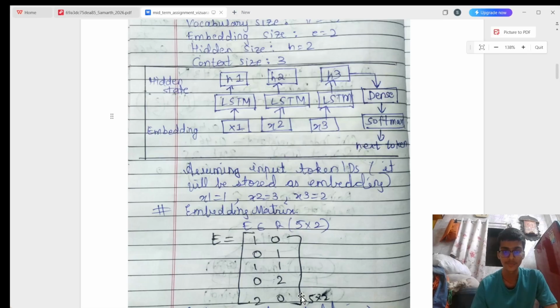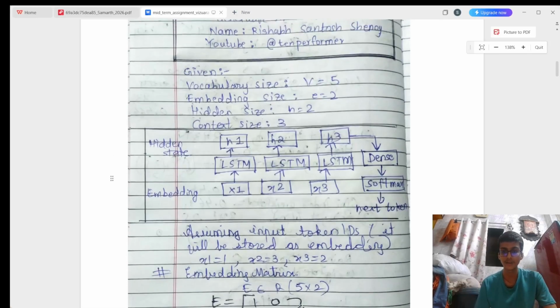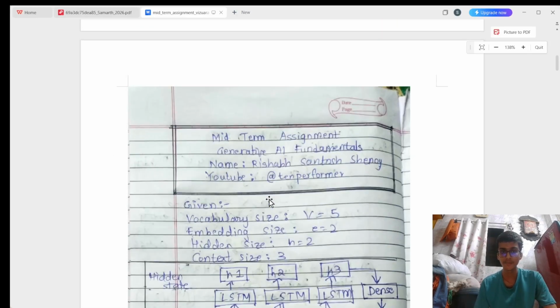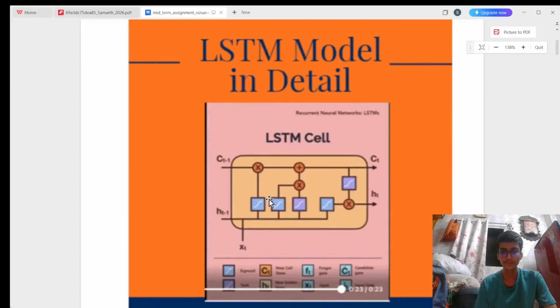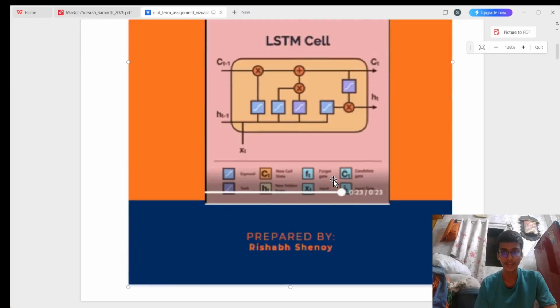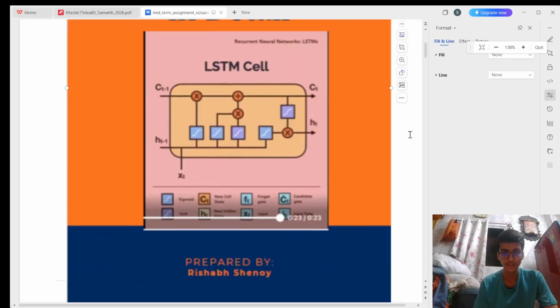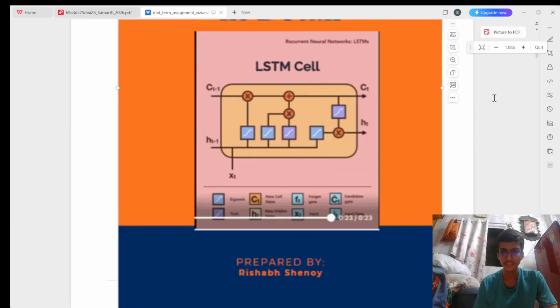So what is LSTM? LSTM stands for long short-term memory. As you can see, this is an animation. I think it will not work here, but I will just summarize it. It is a special type of recurrent neural network, and a simple recurrent neural network suffers from the vanishing gradient problem and cannot remember long-term dependency.